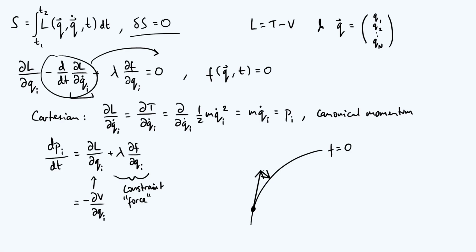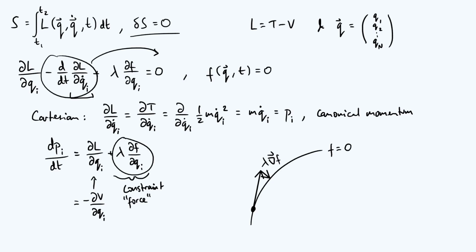So the direction of this constraint force arrow that we've drawn should be proportional to the gradient of f. And we can call that constant of proportionality lambda, which matches up very nicely with this lambda df by dq_i that we got using more formal mathematical methods, because the gradient is just the vector of all of the derivatives in q_i space.